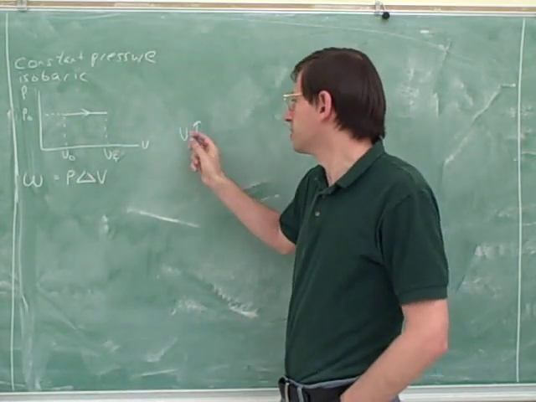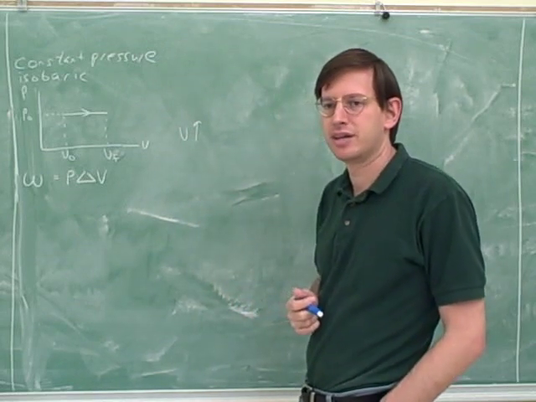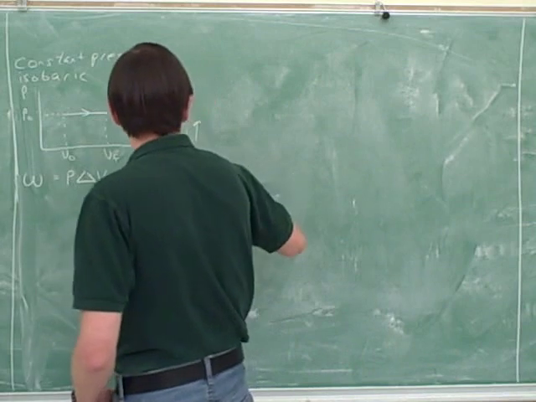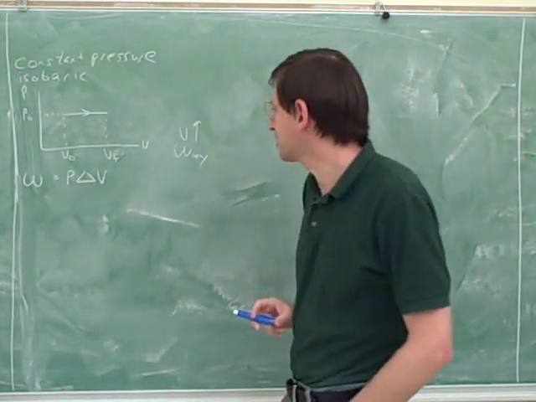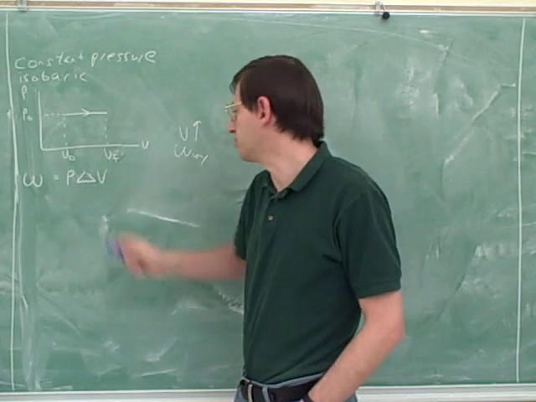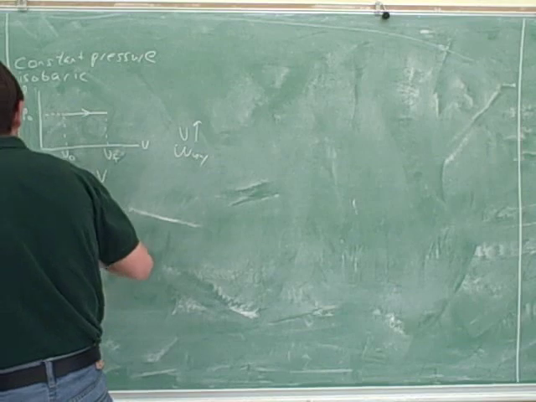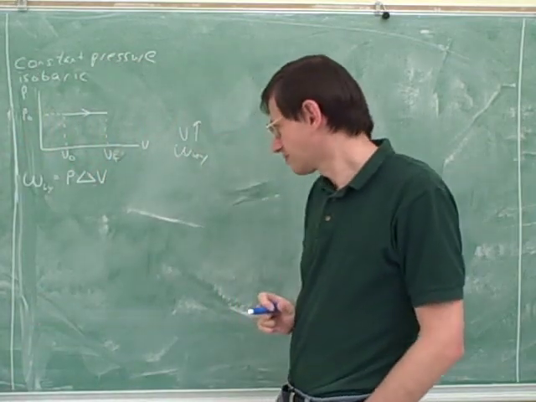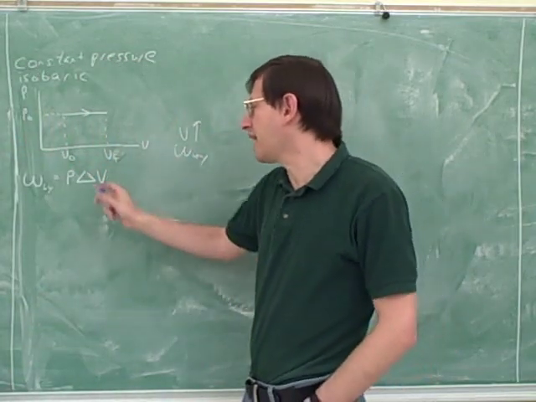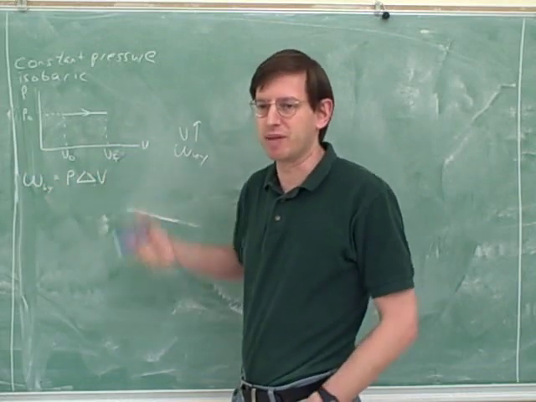In that case, would the gas be doing work or would work be being done on it? The gas is doing work. Right. In this case, work would be done by the gas. Now, if the volume is increasing, this is going to come out to be a positive number because V final will be bigger than V initial. So we want to call this the work done by the gas. Even if this comes out negative, it's still the work done by the gas. It's just that the work done by the gas would be a negative number.